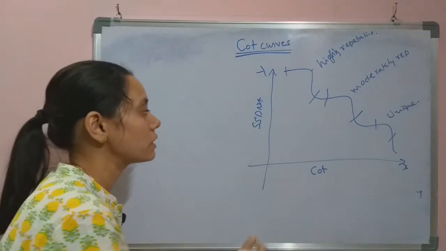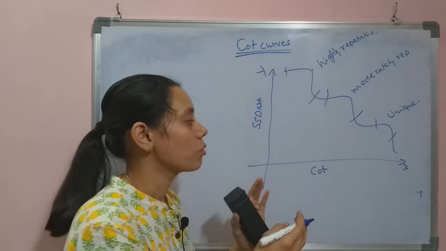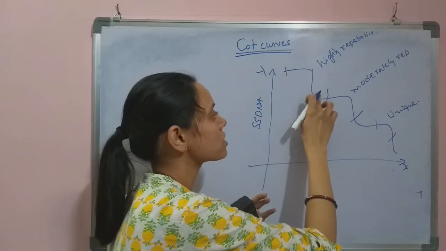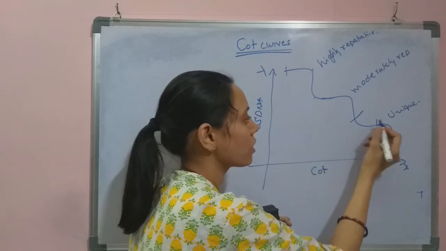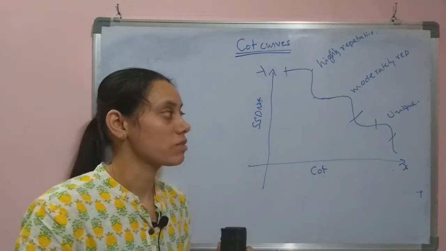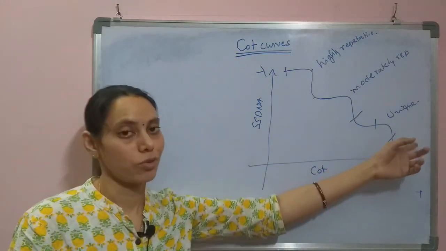So these highly repetitive DNA will renature first, and then the moderately repeating sequences, then the unique sequences, or the non-repeating sequences, or the coding portion of the genes.